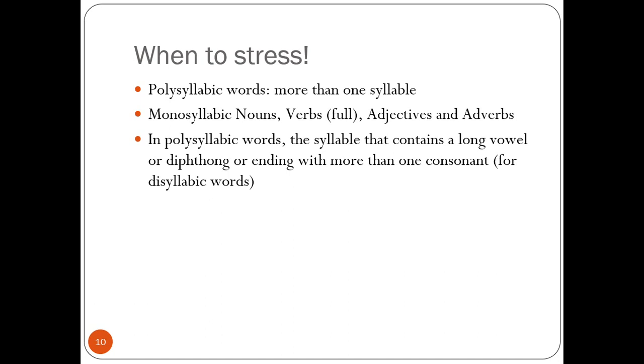The first is that the stressed syllable contains a long vowel in a polysyllabic word. The second is that the stressed syllable has a diphthong. The third is that the stressed syllable ends with a consonant cluster, with more than one consonant.